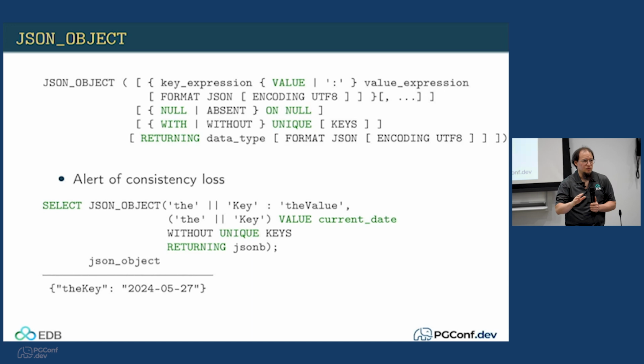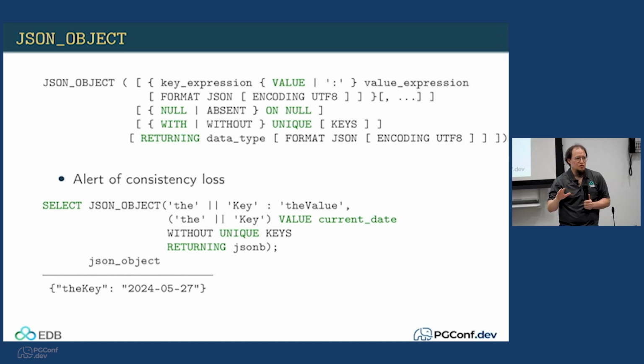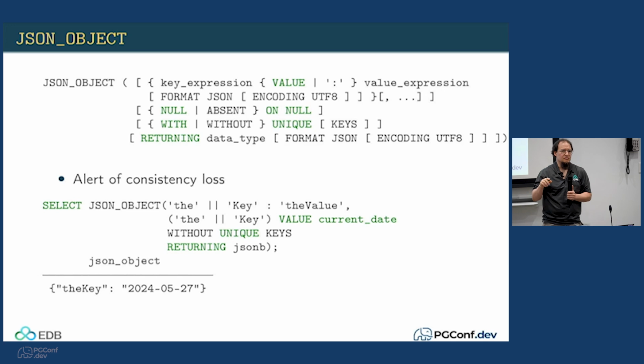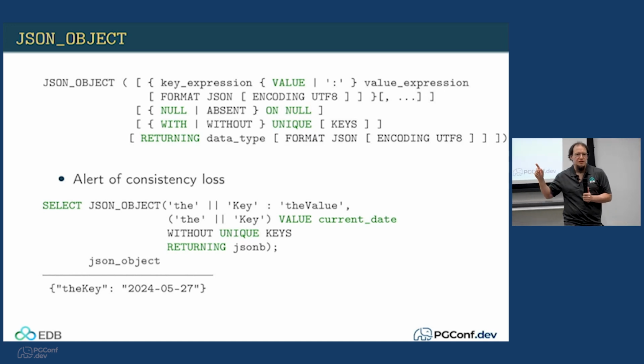But if you use WITHOUT or omit things, then consistency problems can occur. For instance, if you return JSONB, which has the habit of ignoring duplicates instead of keeping both.